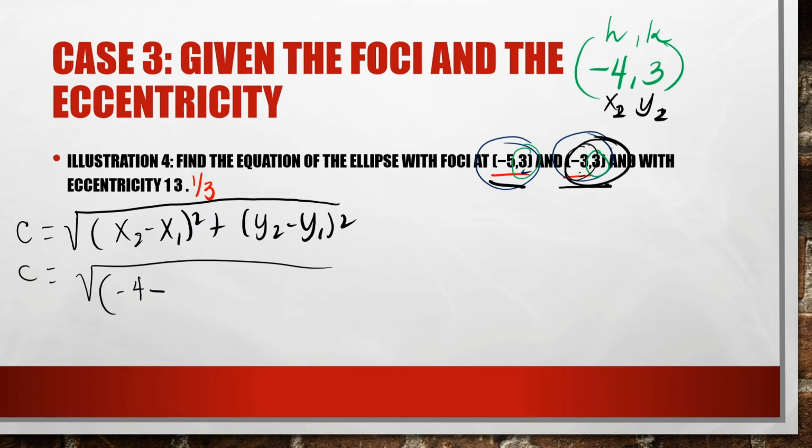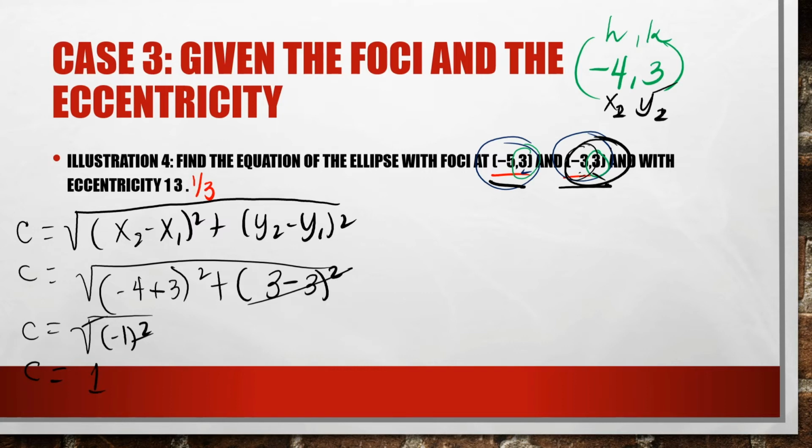So, magiging positive 3 squared plus y sub 2, itong 3, minus y sub 1, itong 3 ulit, squared. So, maka-cancel out to. So, c is equal to square root of negative 1 squared, negative 1. So, since wala naman distance sa negative, equivalent lang siya sa 1.